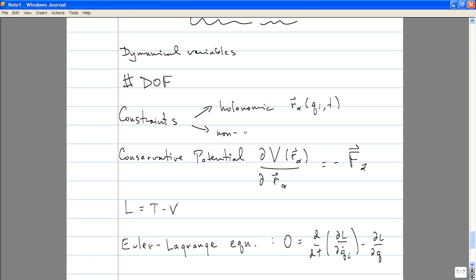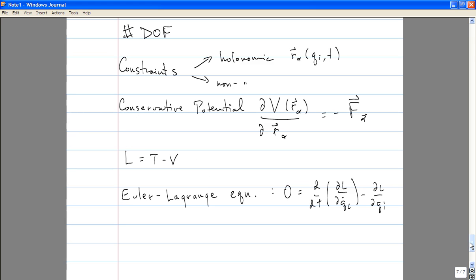So this was an efficient way of computing the equations of motion of a system. And given this Euler-Lagrange technique, it was very easy to see that energy and momentum are conserved in certain circumstances.